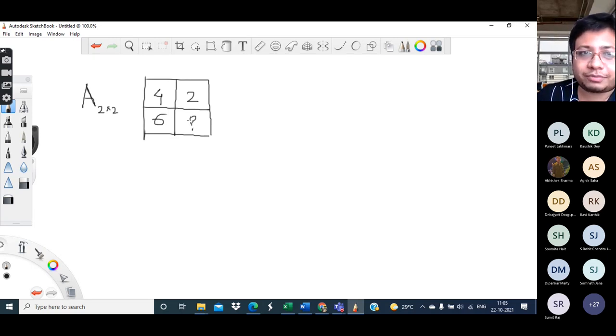So if someone gives you this kind of an incomplete matrix and asks you to put in the value here, you won't be able to say anything. But still I want to make some kind of an estimate about this missing element.